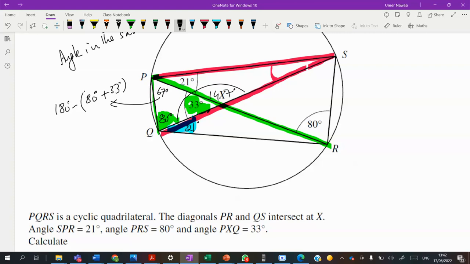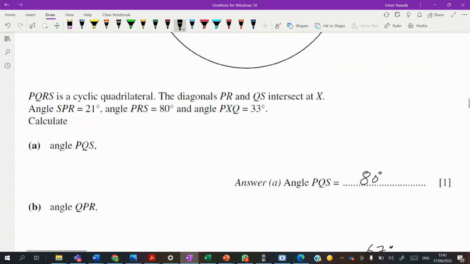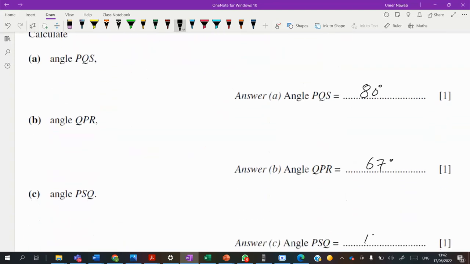And then I will subtract from 180 the sum of 21 and 147. Yes, it will give you 12 degrees.